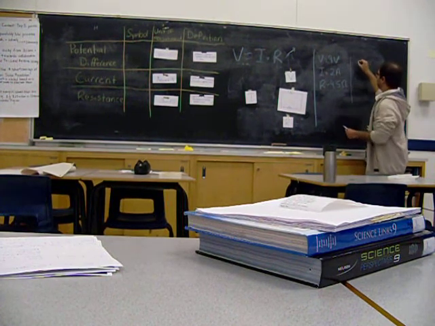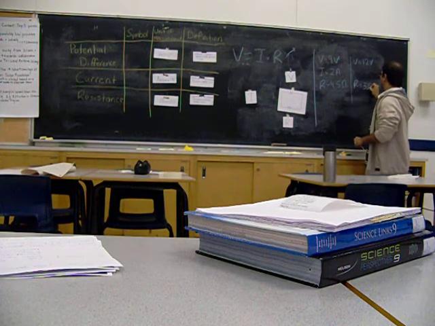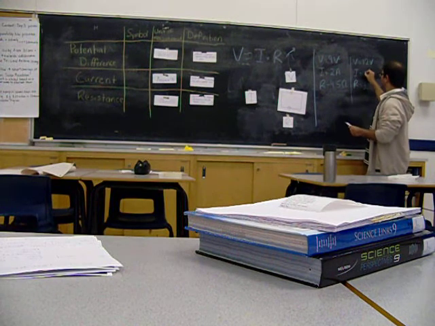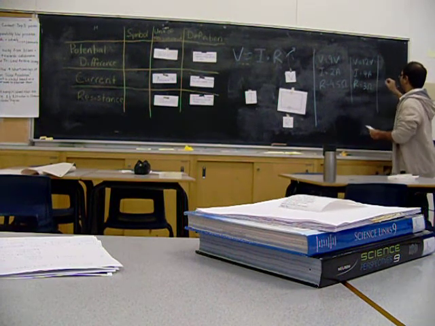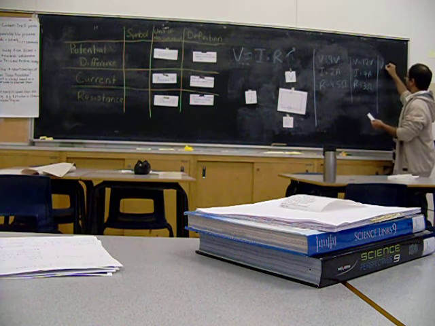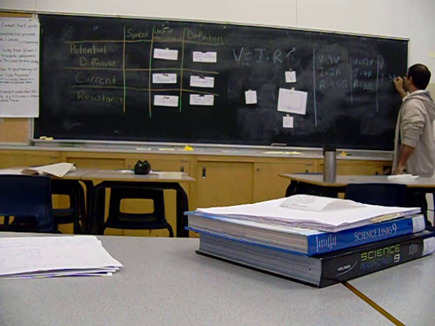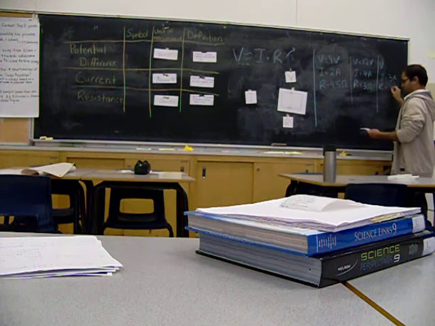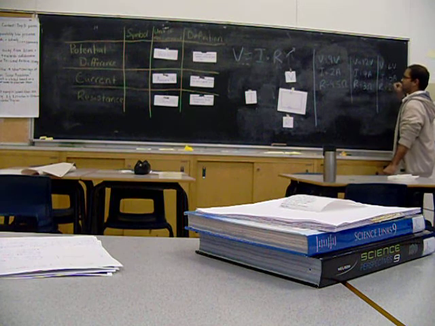In our second example, we had a voltage of 12, a resistance of 3 ohms, and a current of 4 amperes. And in our last example, we had a current of 3 amps, a resistance of 2 ohms, and a voltage of 6 volts.